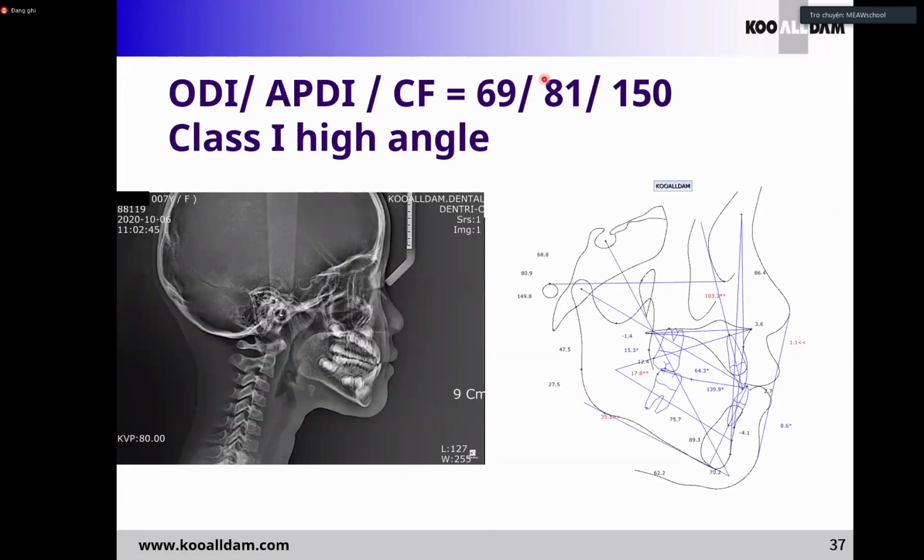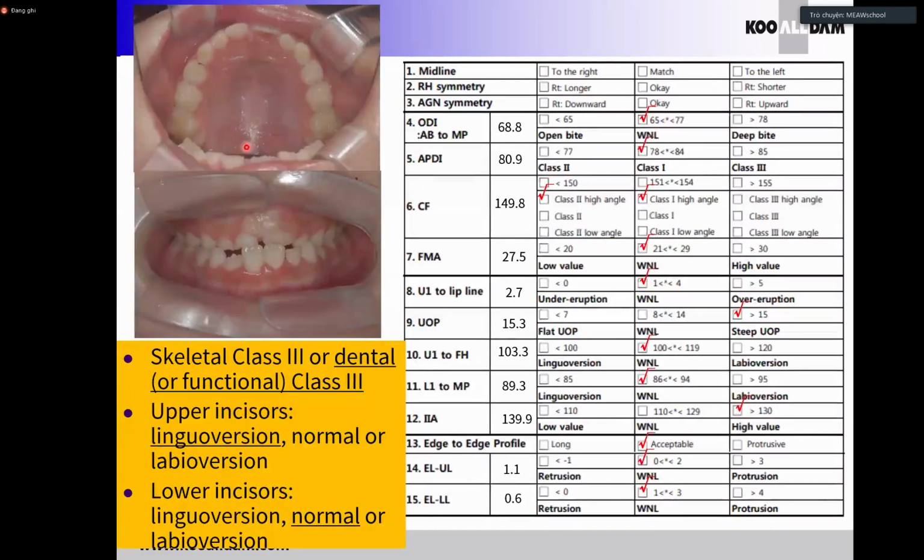APDI is 81. This means class 1. So this patient is dentoalveolar class 3, upper 1 to FH 103, lingual version. Lower 1 to MP 89, normal value.